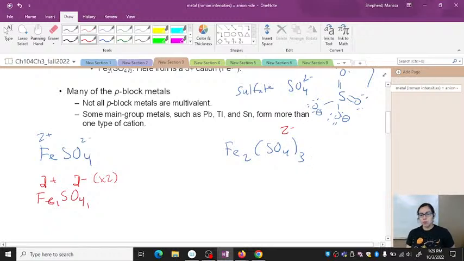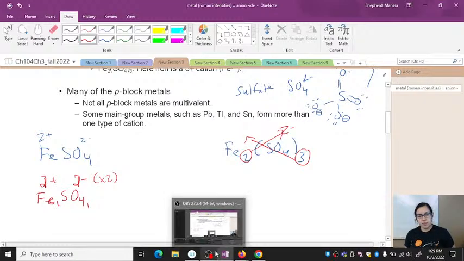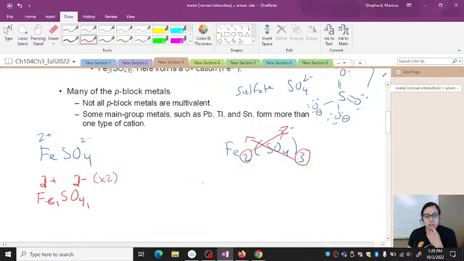If you're doing the reverse swap trick, then you're going to take these and reverse them. You can also set up your algebra. This is electrically neutral. So 2 for iron times whatever the Fe oxidation state is, plus sulfate, so that's 3 times -2.